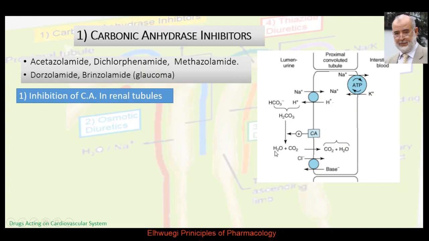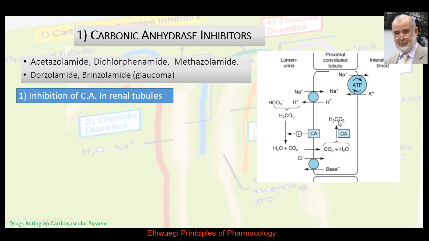Once carbon dioxide and water are inside the cell, what will happen to them? They will be acted upon by the same enzyme, carbonic anhydrase, and hydrated to give us back carbonic acid. Then what will happen to carbonic acid?